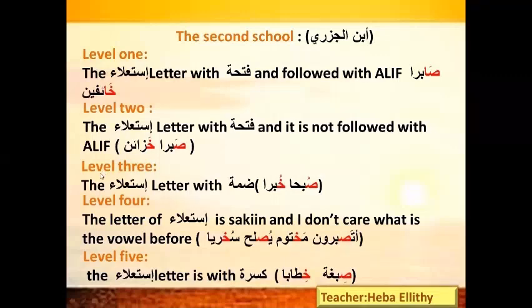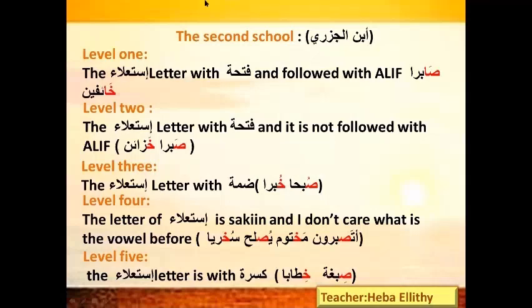Level 3, the استعلاء letter with ضمة: صبح, خبرة. Level 4, the استعلاء letter but it's ساكن, no matter what's before it: أتصبرون, مختوم, يصلح, سخرية. Level 5, the استعلاء letter with كسرة, like صبغة وخطابة.